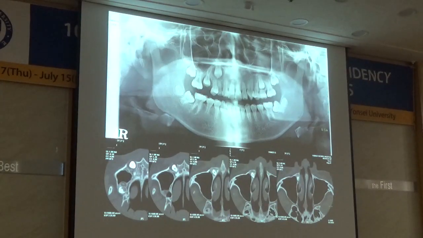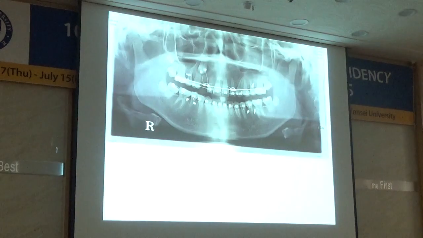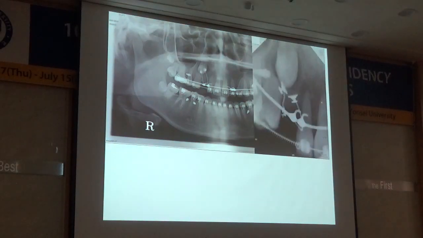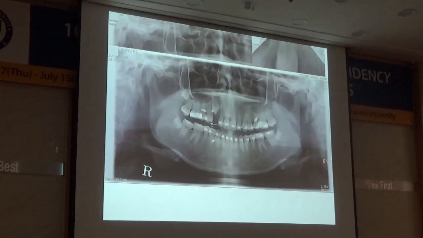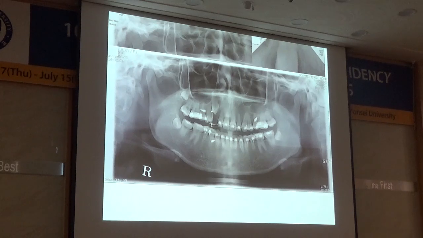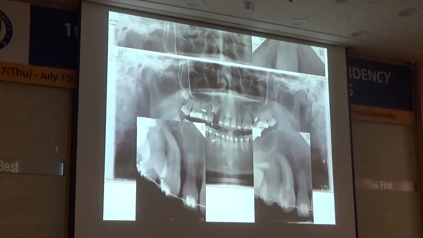This is another case, very similar, with a young patient, but when we attached the two buttons, the button fell out like this. So we did it once again, but it fell out again, two times. So we did this kind of autotransplantation at one time.